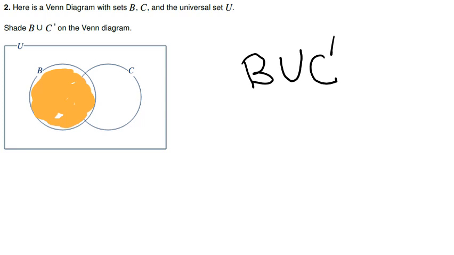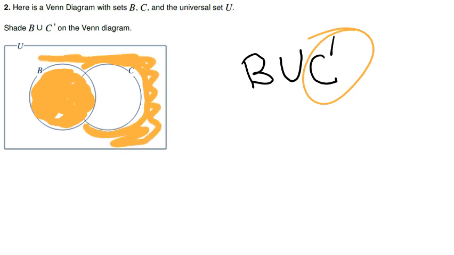Well, not C is everything outside of C. So everything outside of C. And everything outside of C consists of, I'm not going to draw this thing in all the way, all right? But essentially, we're going to just cover it in.